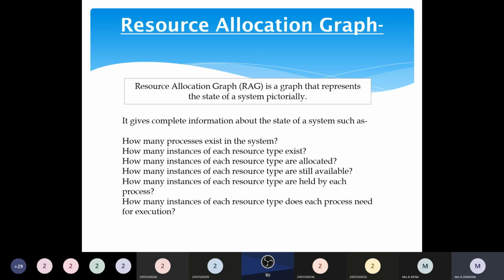What other information is given by the resource allocation graph? It gives complete information about the state of a system, such as how many processes exist in the system.